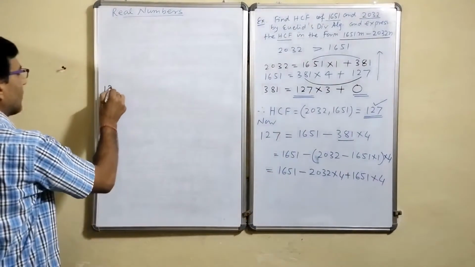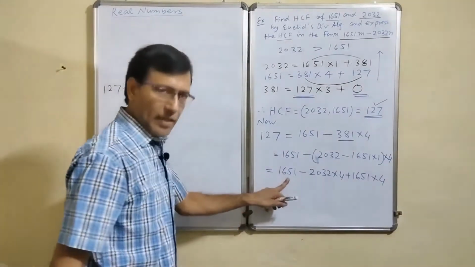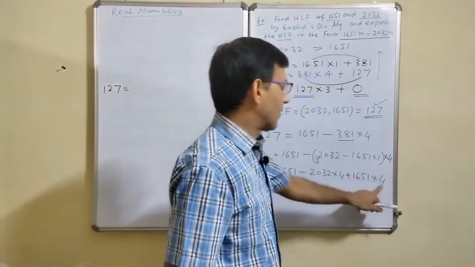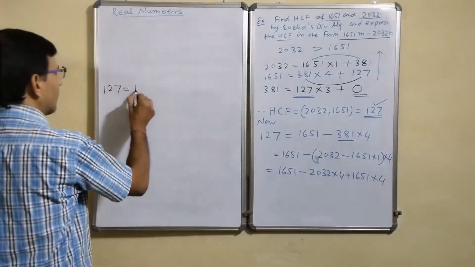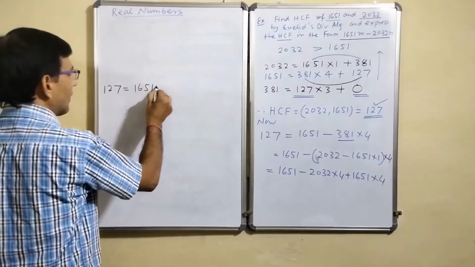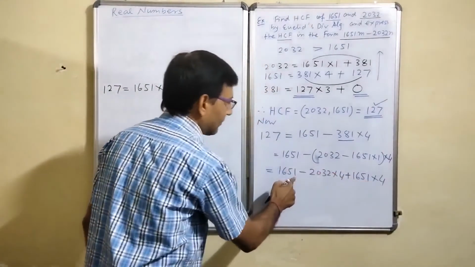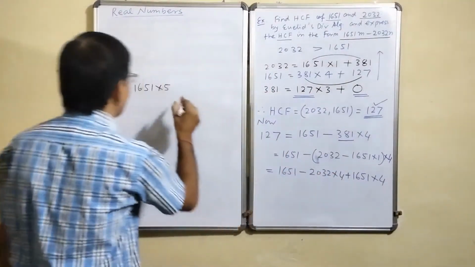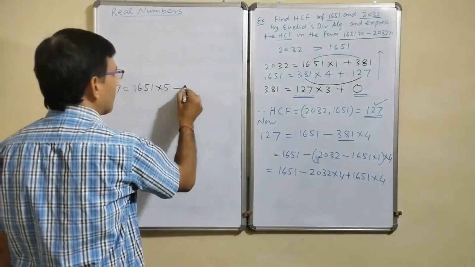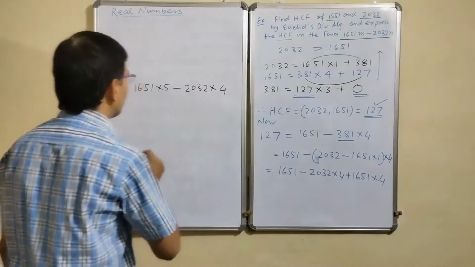We'll get 127 is equal to 1651 into 1 here and 1651 into 4 here. So 4 and 1, 5, take common: 1651 into 4 plus 1, minus 2032 multiplied by 4.